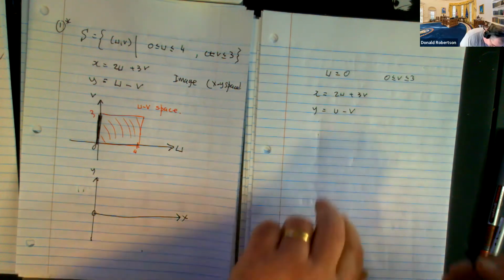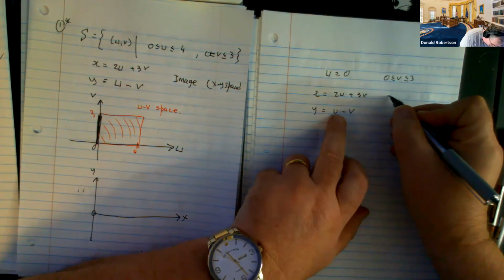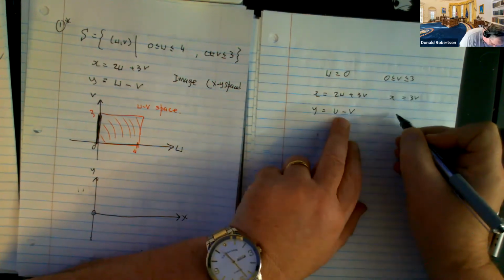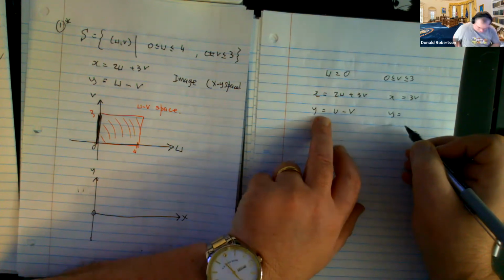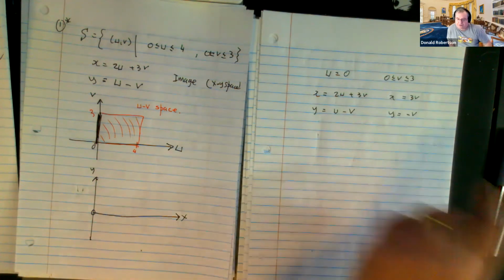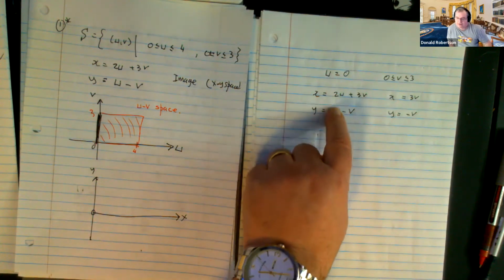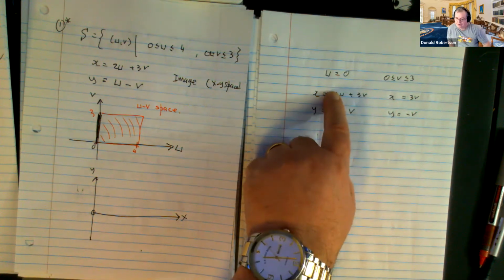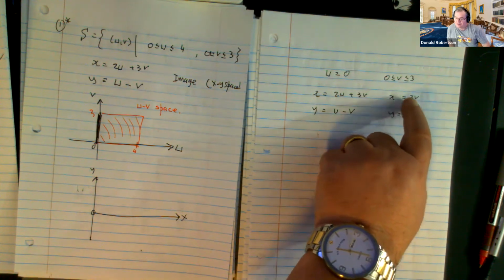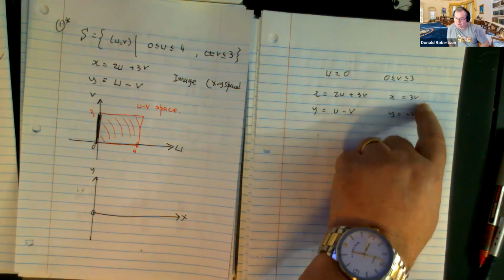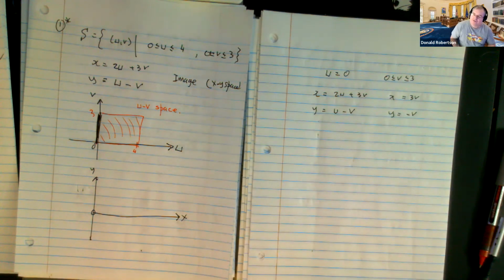So x is equal to 3v and y is equal to negative v. So I'm replacing the u's here by zeros. So far, so good. Now, what we have to do is take these two equations and combine them in terms of y and x.